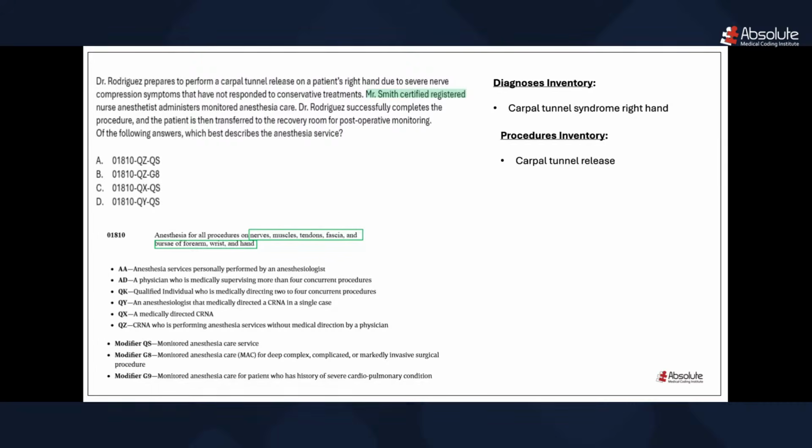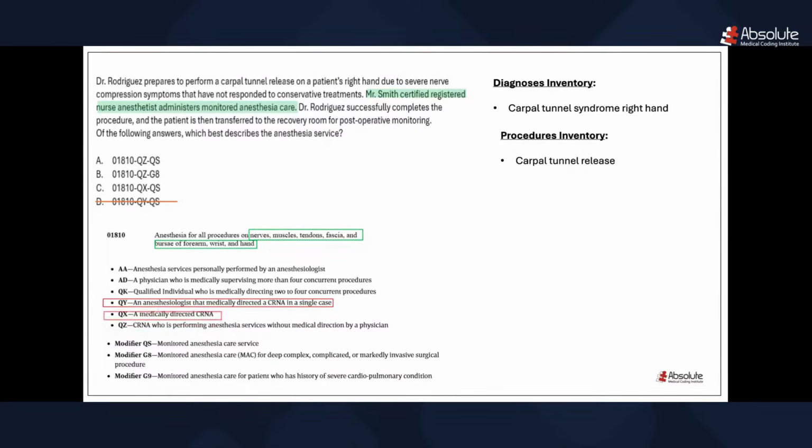No. The CRNA himself administered the MAC, right? The QY modifier is for an anesthesiologist who medically directed a CRNA in a single case. So this does not apply here. We are looking at a CRNA who administered the MAC. So option D has to go.